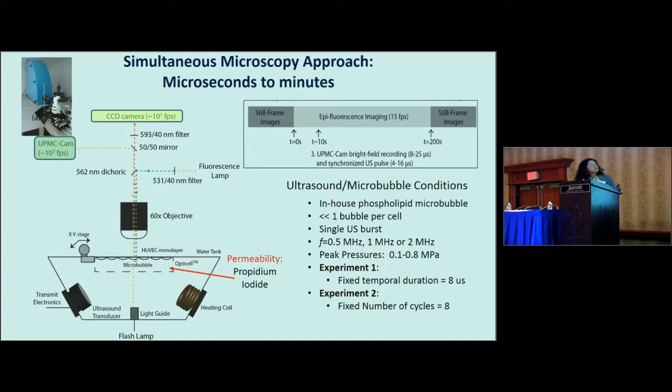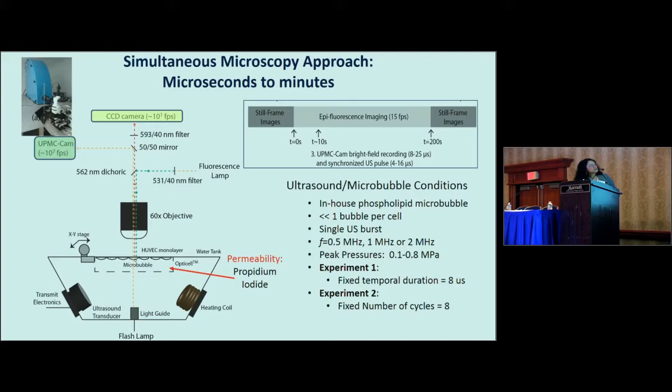And then for the fluorescent events, we have here an optocell in which there are endothelial cells, and then we have the microbubbles here that are by flotation up against the endothelial cells. And then we have an ultrasound transducer here, and this is a heating coil to keep the cells heated.